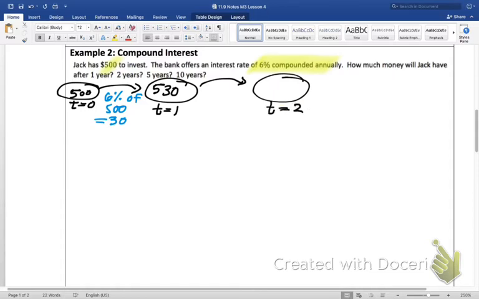Now, this year will not just be adding 30 to the previous amount, because compound interest says you take the interest percentage of the current amount in the bank account, or the current amount that you owe. So that would be 6% of the 530.